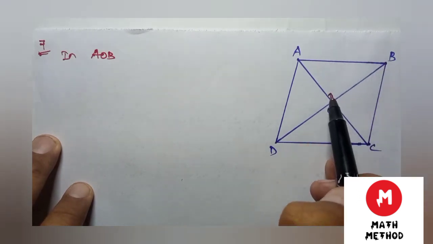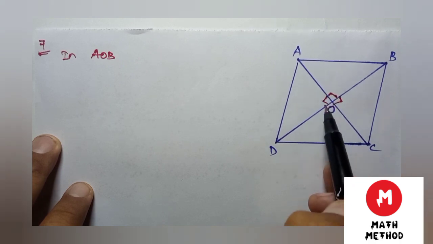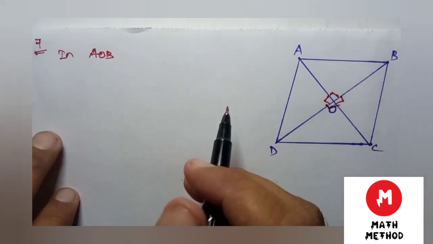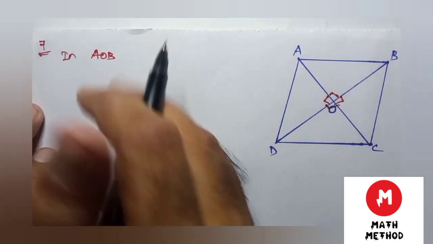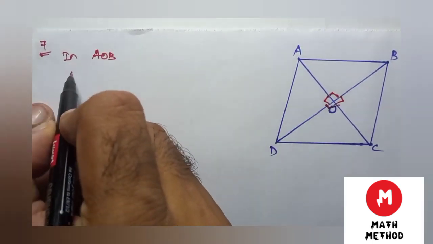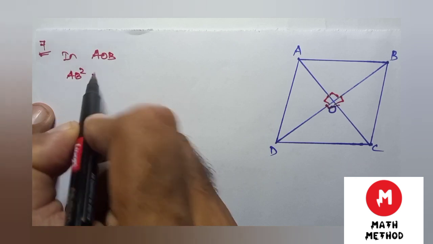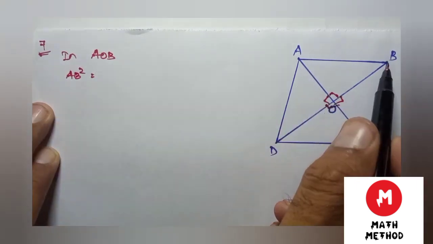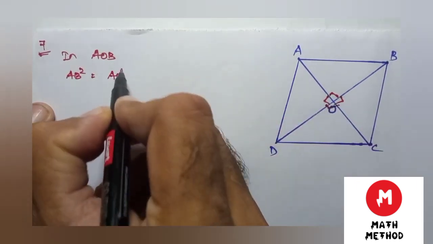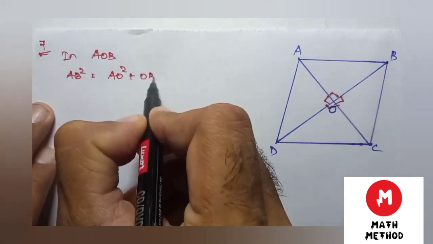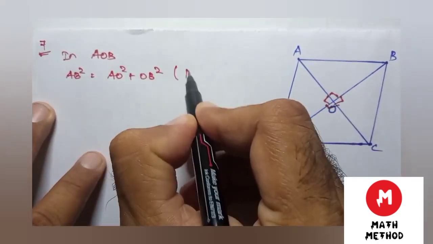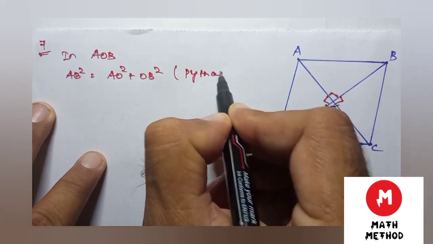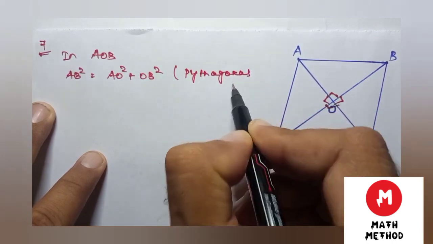So by applying the Pythagoras theorem, AB square is equal to AO square plus OB square. This is our Pythagoras theorem.